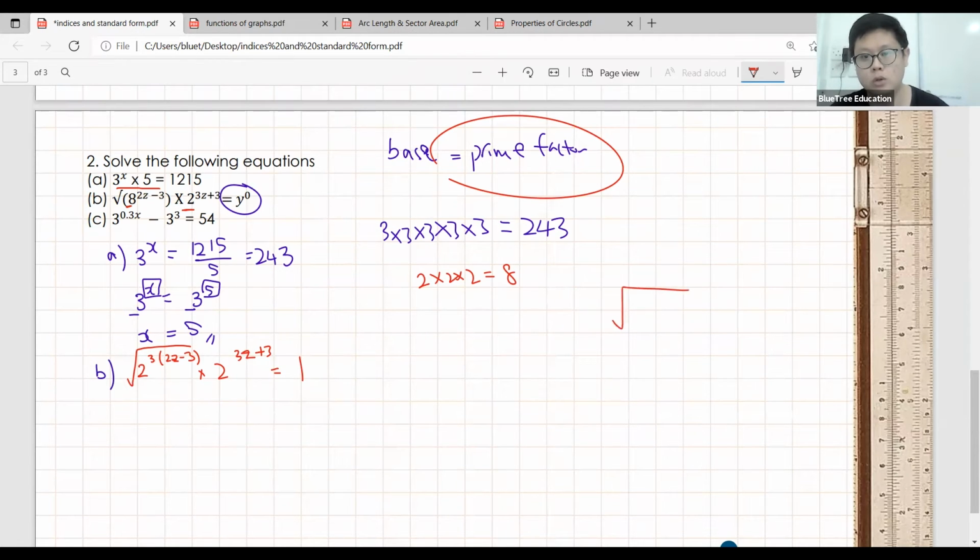So as long as you do a cube root, for example, that means the denominator for the index is 3. If you do a square root, then you have a fractional index with a denominator of 2, just like that. So I'm going to distribute the 3 into both terms because again it involves a bracket. For the index that has a bracket, it means you have to multiply. So I will have a 6x minus 9.